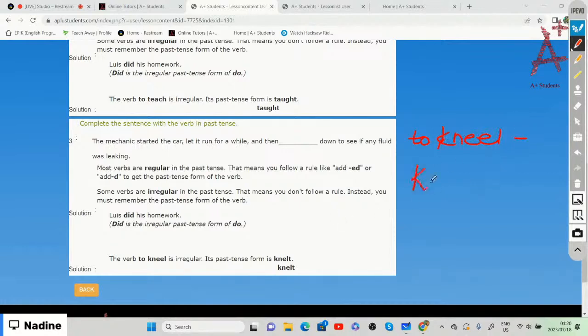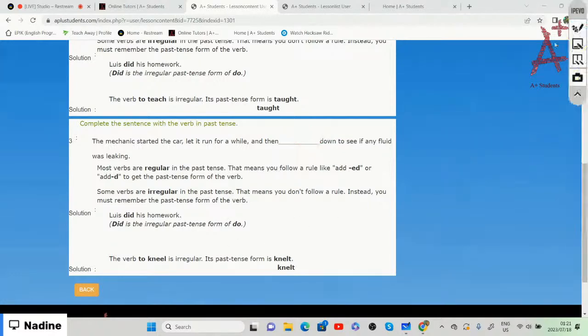So the past of to kneel is knelt, right? So to kneel being the irregular form, and knelt is how it changed. So you can see there's such a vast difference within those two words. So the mechanic started the car, let it run for a while, and then knelt down to see if any fluids was leaking.